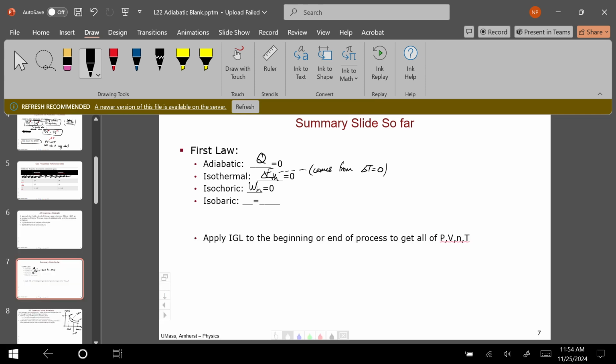And then the sort of oddball is for an isobaric process, nothing is equal to 0, but the work is at least very simple. It's pressure times delta V. And I don't really know why I wrote this reminder because I've told you about it a bunch. Okay, so we're going to do 2 quick examples on adiabatic processes, and then we'll wrap up.